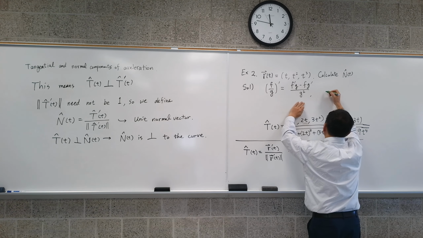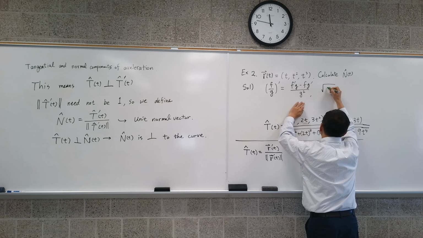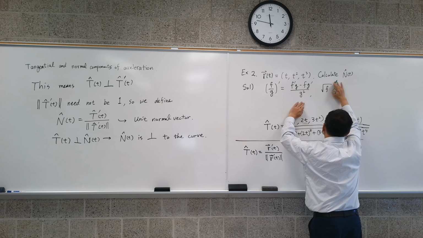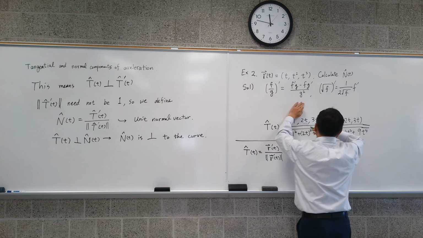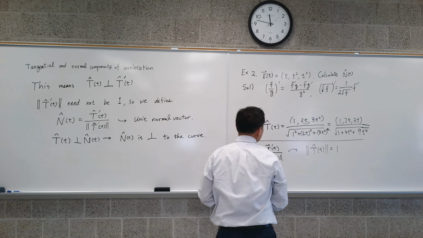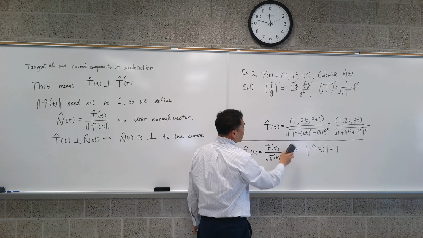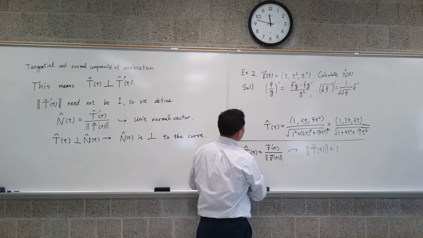Also, another thing that you should know is that if you have some function inside the square root, and if you differentiate, that's the same as 1 over 2 times square root of f times f prime. So we'll be using that, because I have to use this one.